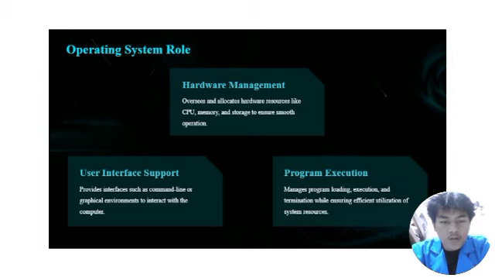User interface support, providing an interface, command line or graphical environment, to interact with the computer. Program execution, managing program loading, execution, and termination to ensure efficient utilization of system resources.